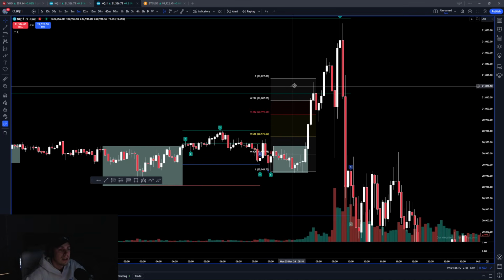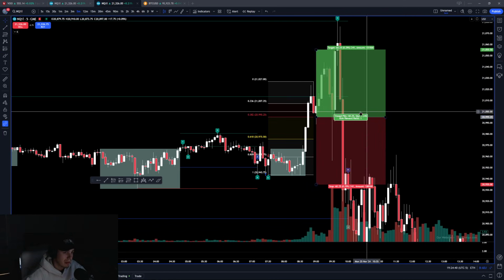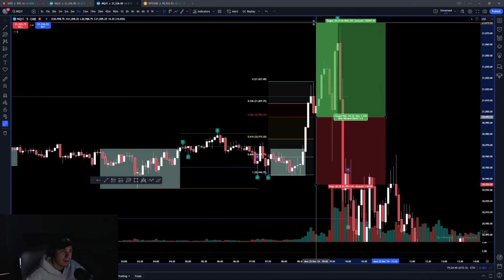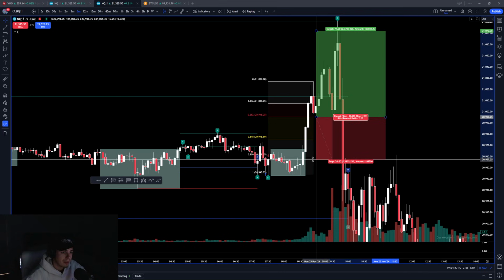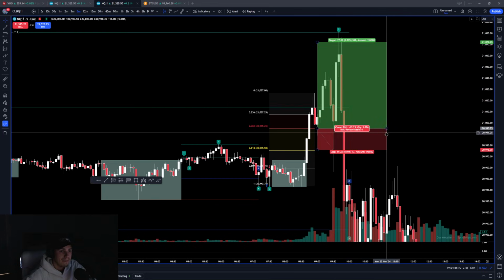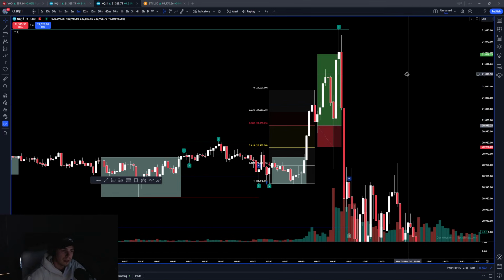That'd be right here. This actually worked out really well. So you can take an entry on the 0.382 and leave runners wherever you want. Stop loss, maybe you don't want a 35-point stop, so stop really depends on what you feel comfortable with at that point. But anyway, that ran as well, so good example there.